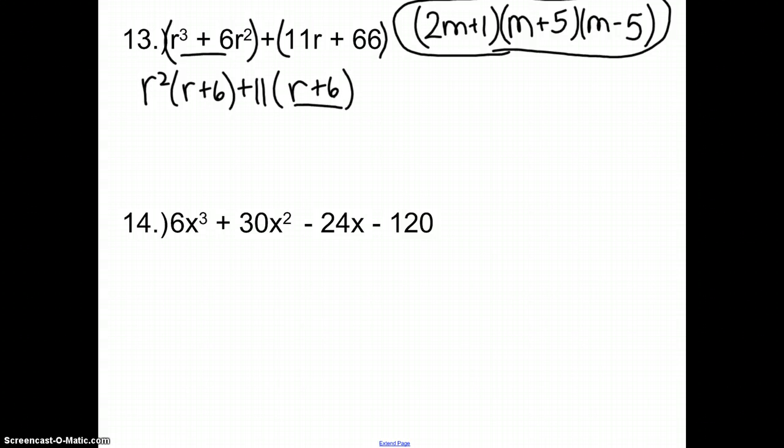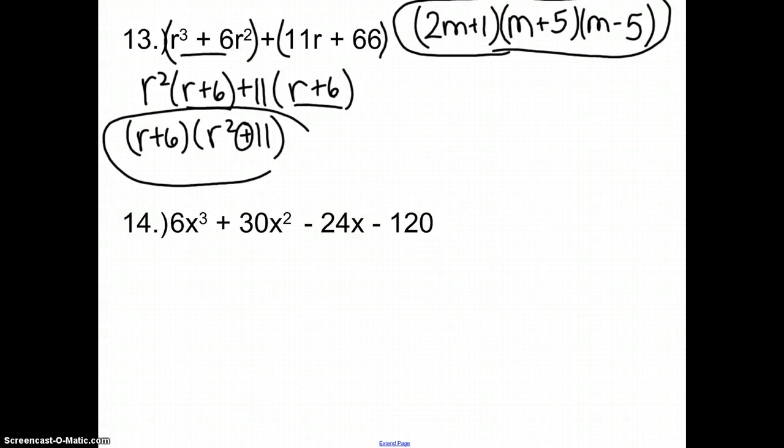So then we can factor out the r plus 6 from both terms, and we're left with r squared plus 11. And we do have a squared term, however we have a plus in the middle, so since it's not subtracting, we can't do anything with it. So r plus 6 times r squared plus 11 is as factored as can be.